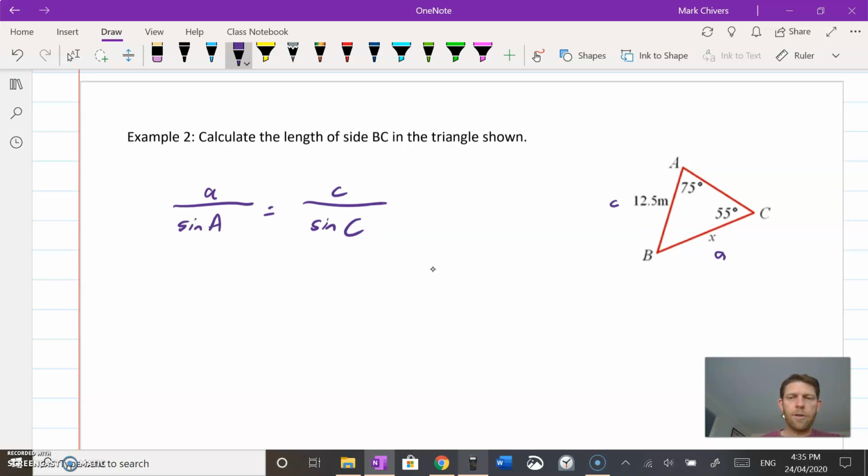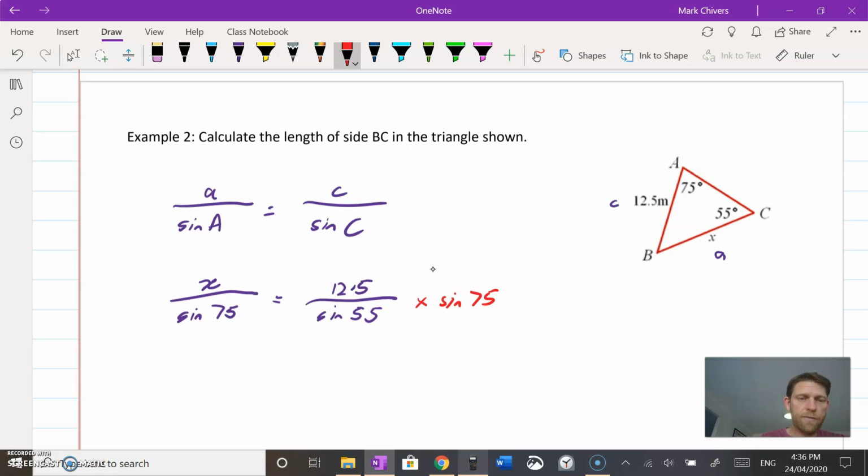So as we substitute in what we know, A is what we don't know. Well, we know it's called X on this occasion, so we'll call it X. And that's going to be over sine 75, equal to C, which is 12.5 metres, over sine 55. So obviously at this point I'm going to have to multiply both sides by sine 75.